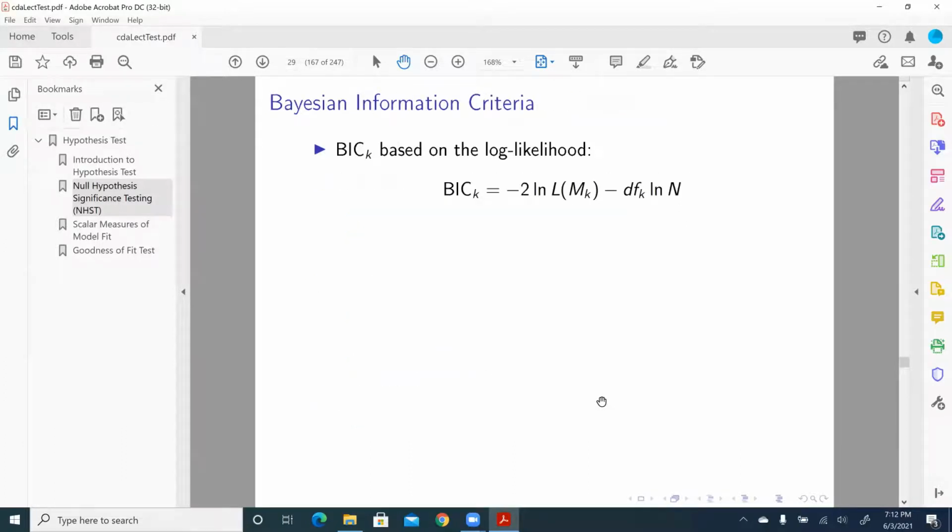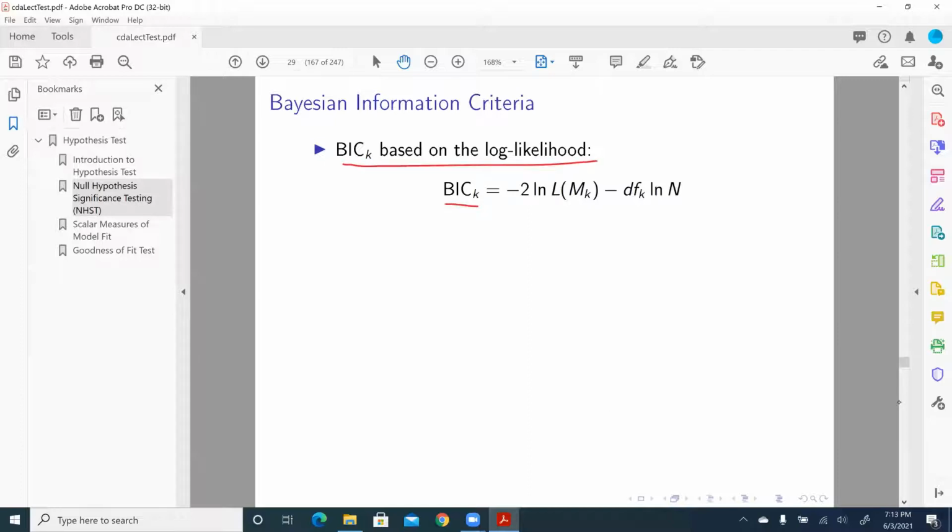So I'm going to begin with information theory-based measures. First is BIC, that is Bayesian information criterion. And this criterion is based on the log likelihood.